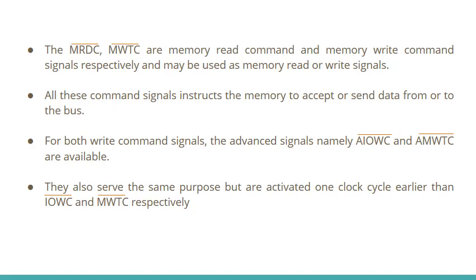These advanced signals are named AIOWC bar and AMWC bar, which indicate advanced input output write command and advanced memory write command respectively. They serve the same purpose as that of the IOWC bar and MWTC bar, but they are activated one clock cycle earlier than these signals.